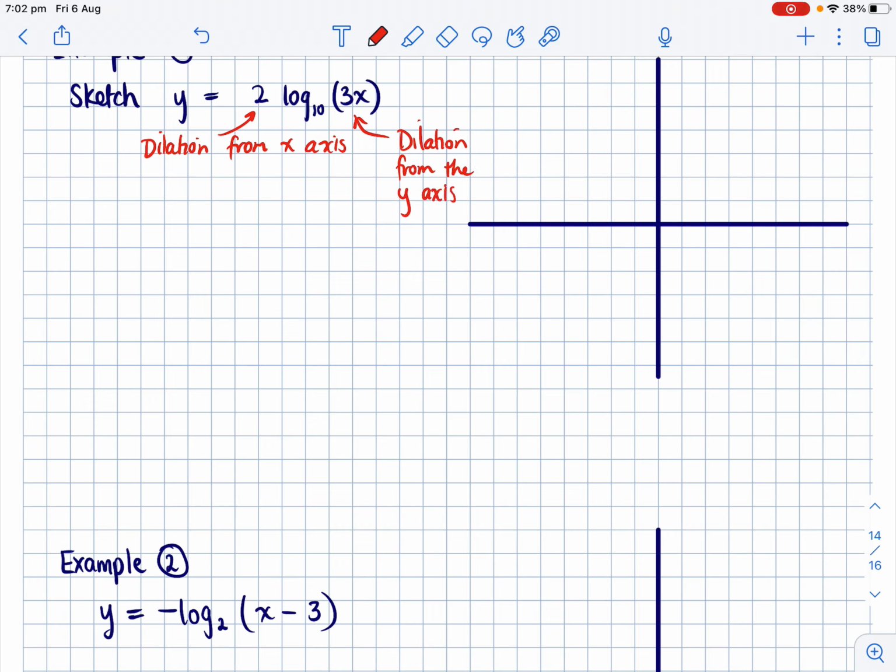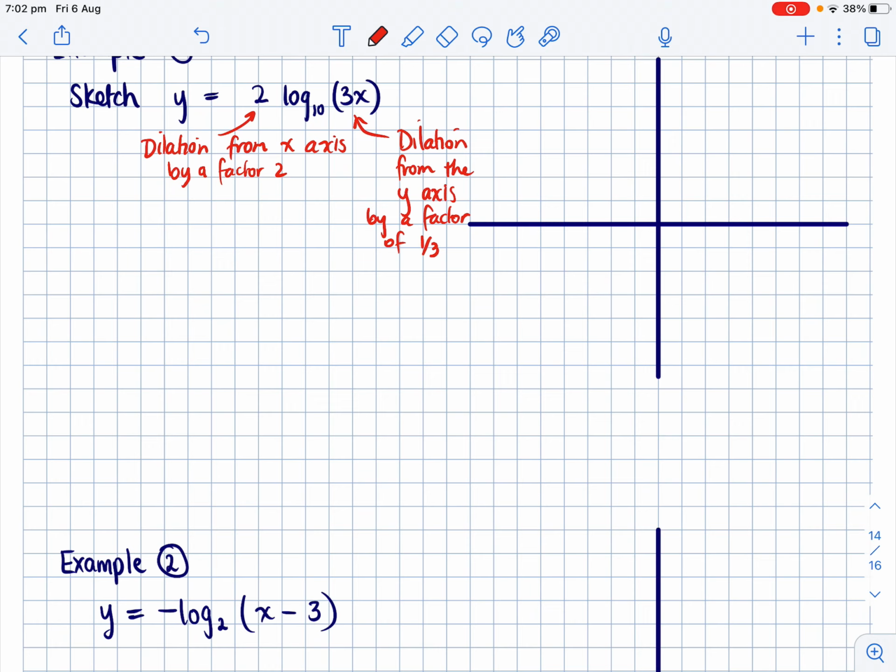The dilation from the x-axis will be by a factor of 2, and the dilation from the y-axis will be by a factor of 1/3, as we've discussed previously.